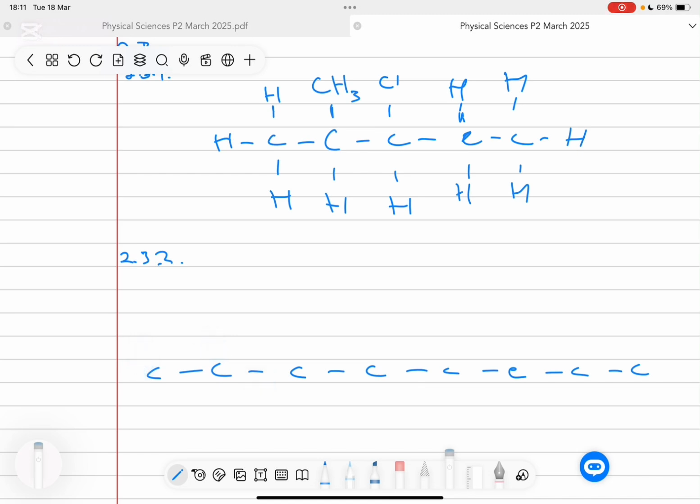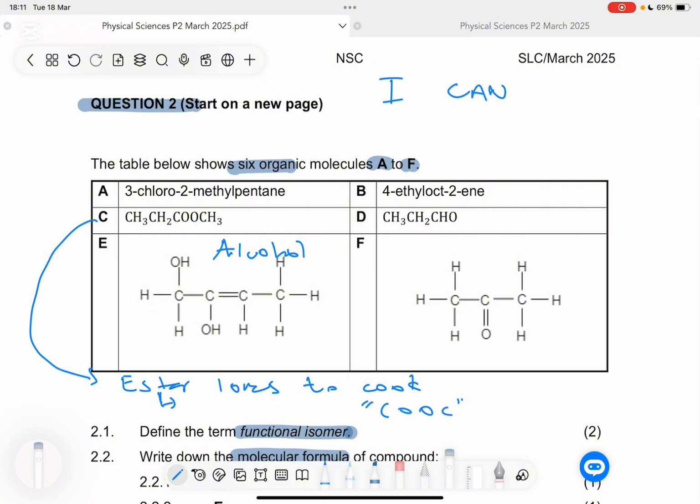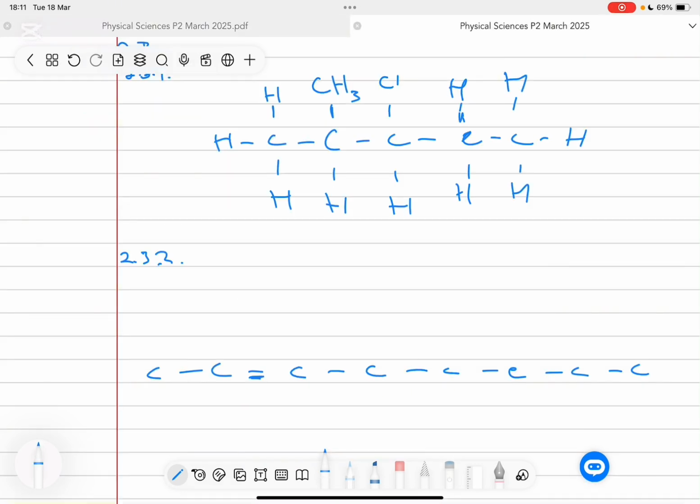So my double bond should actually be here on carbon 2. But we also have an ethyl group on carbon 4, meaning on the 4th carbon. So we're going to count 1, 2, 3, 4. So on this 4th carbon here, we will attach an ethyl group.